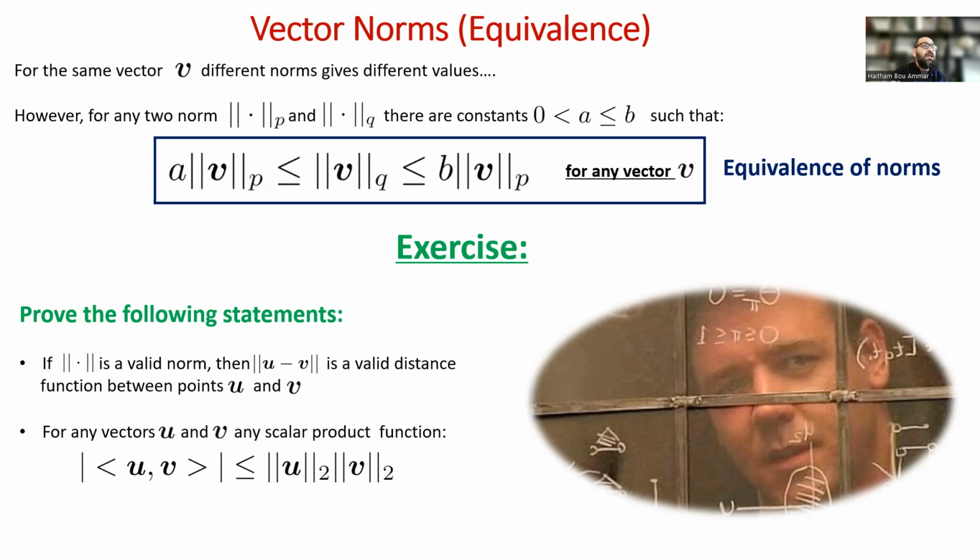Then the norm of U minus V is a valid distance function between the points U and V. So that's one thing to try to prove: why is this a valid distance function? And then for any two vectors, remember the scalar product we had before, the absolute value of the scalar product is less than or equal to the norm of U times the norm of V. So this is an exercise that you can think about.